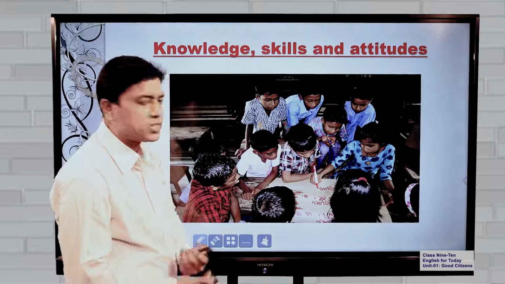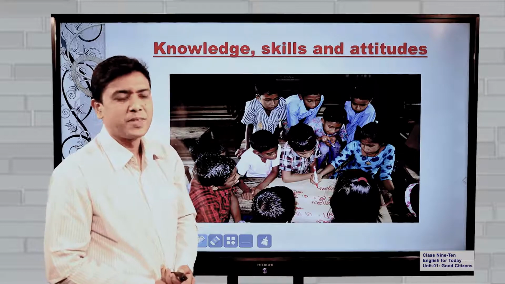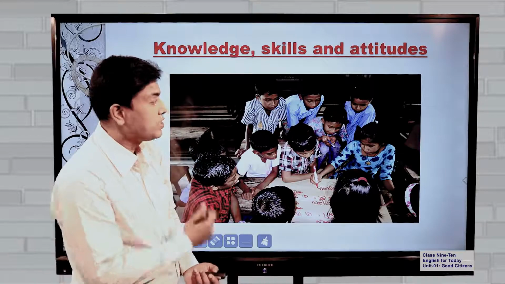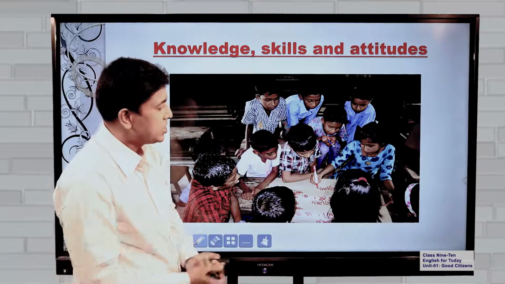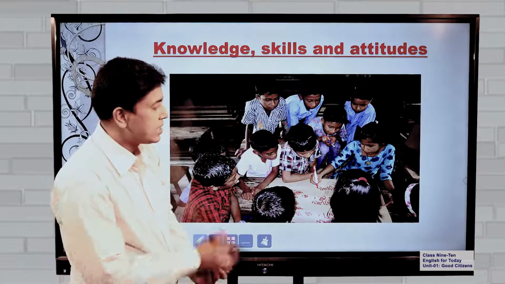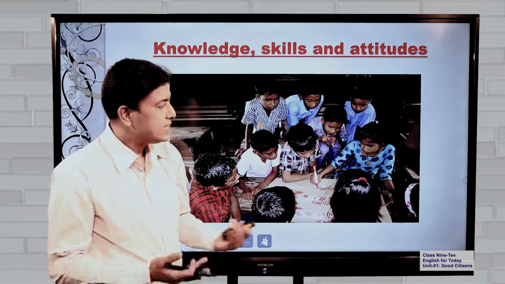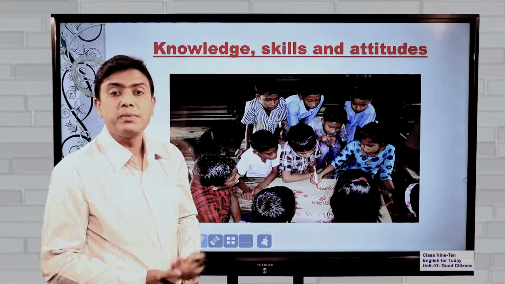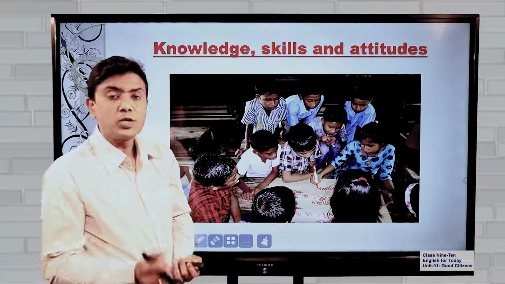Have a look at this picture. What can you see? You can see a group discussion inside a class, in our country, maybe a village. Now, the teacher has given his or her students a kind of group work. These students are discussing a particular issue, maybe a social problem. Now, what will happen?